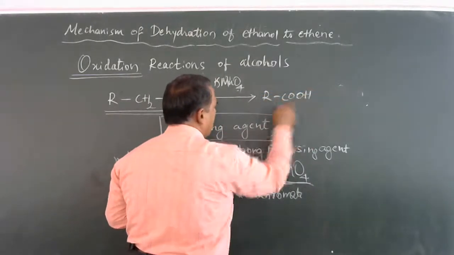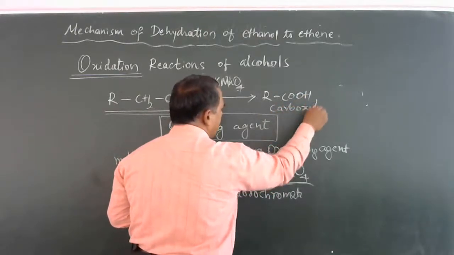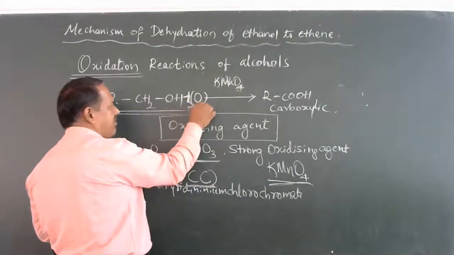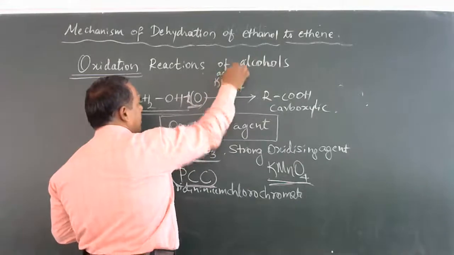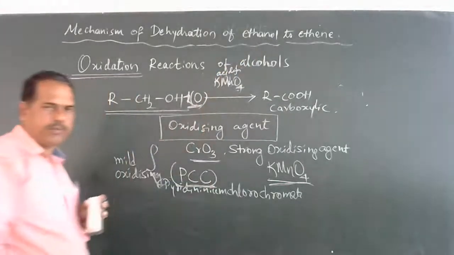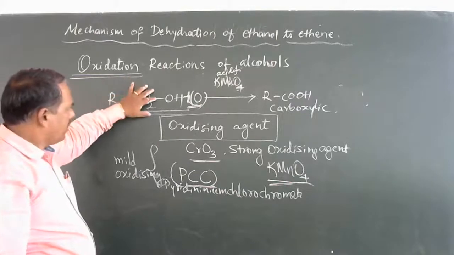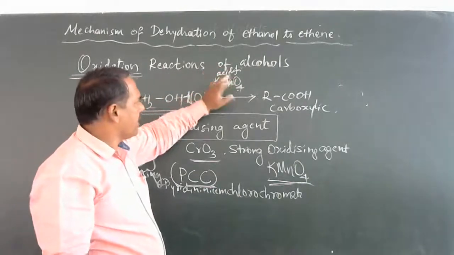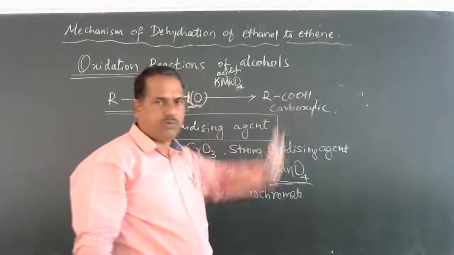RCOOH, carboxylic acid is obtained. Are you clear? This is a strong oxidizing agent, particularly acidified. When alcohol reacts with a strong oxidizing agent like acidified potassium permanganate, carboxylic acid is obtained.